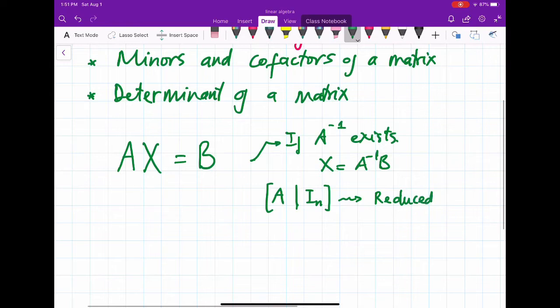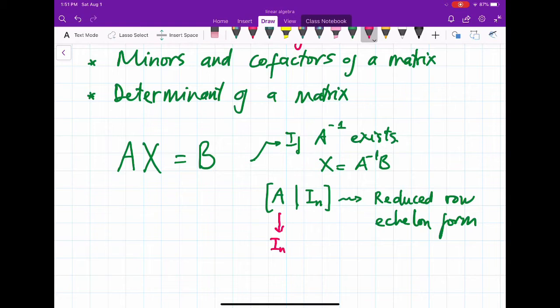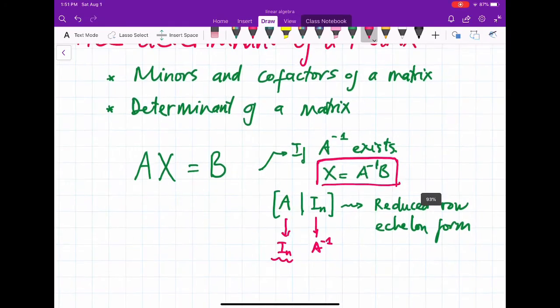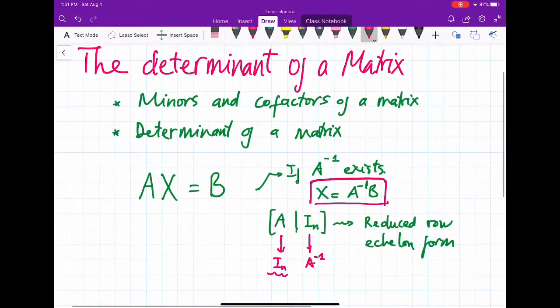Once you have the reduced row echelon form and this part becomes the identity, then this part is the inverse of A. If this is not the identity, A does not have any inverse, and so the system does not have a unique solution. Of course, that is a long way.